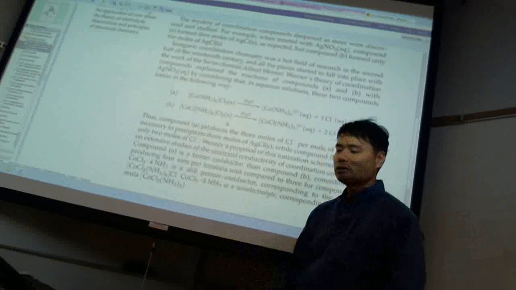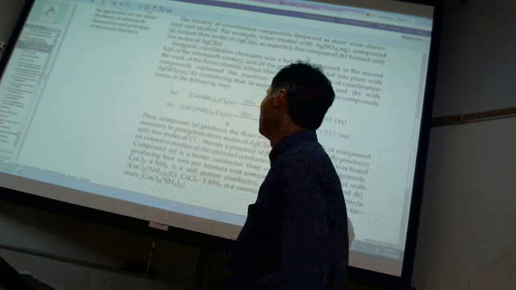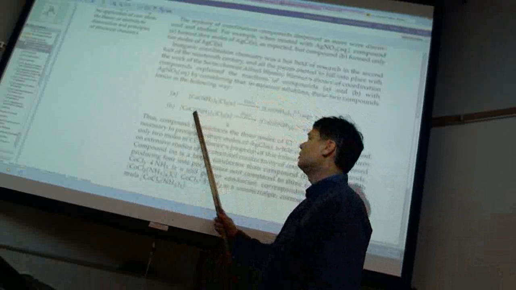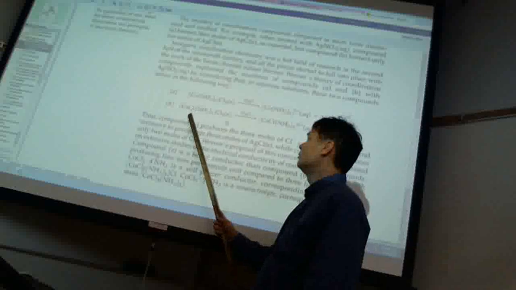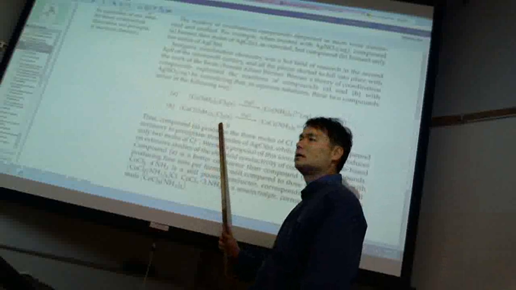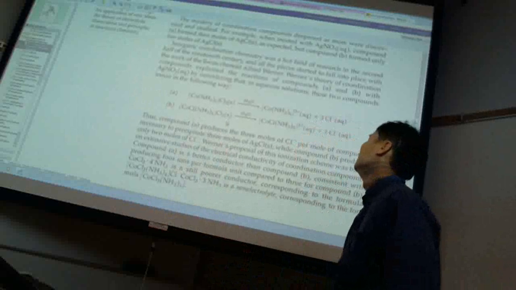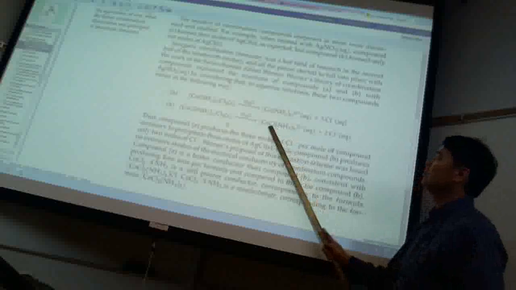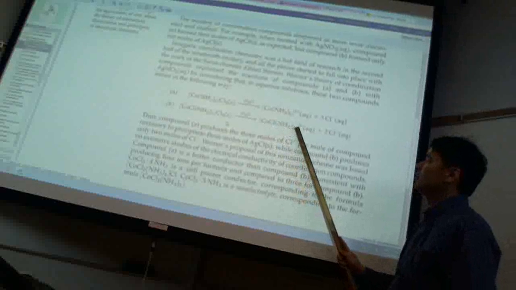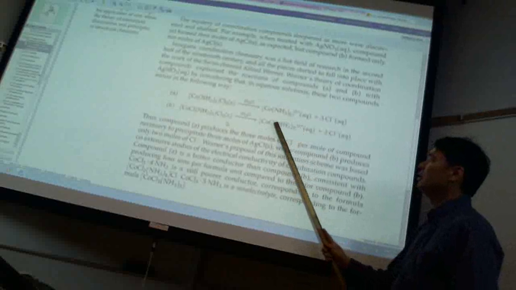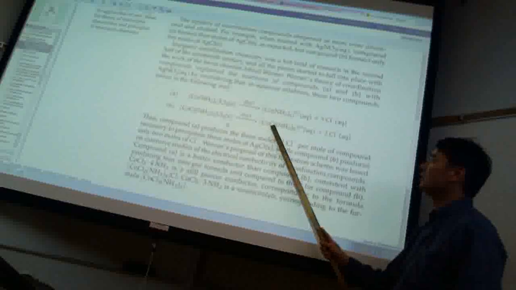Most anions we just change the ending to O. And so this would be pentaamine chloro cobalt 3 chloride. That's the name for this. Here's the pentaamine chloro cobalt 3 cation. Notice it's +2, but I call it cobalt 3.